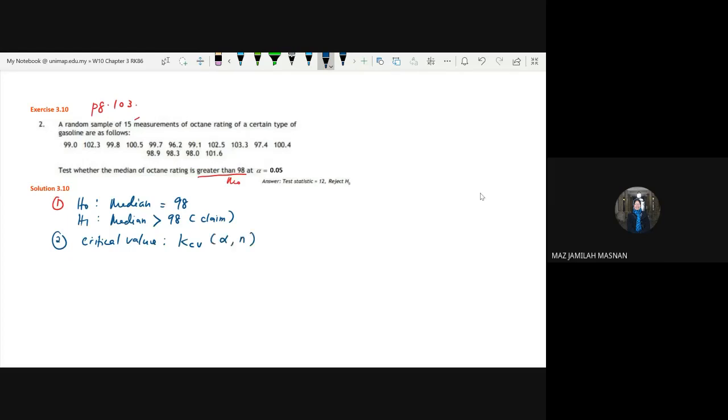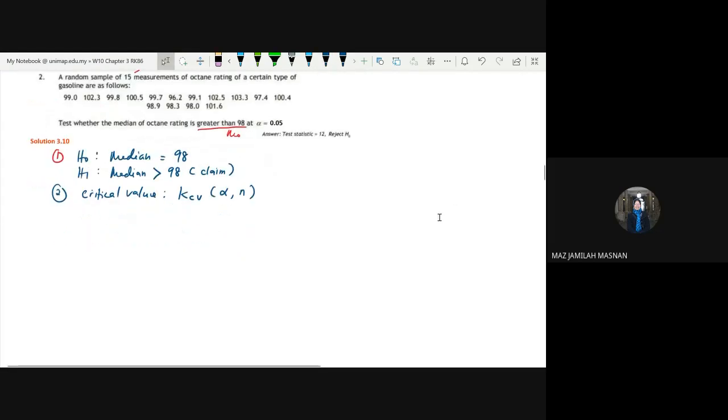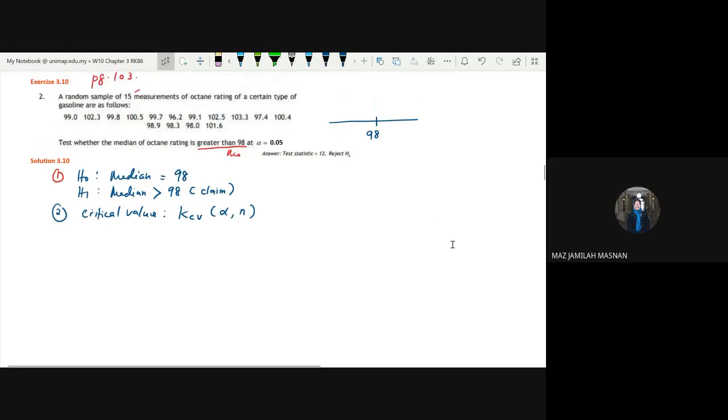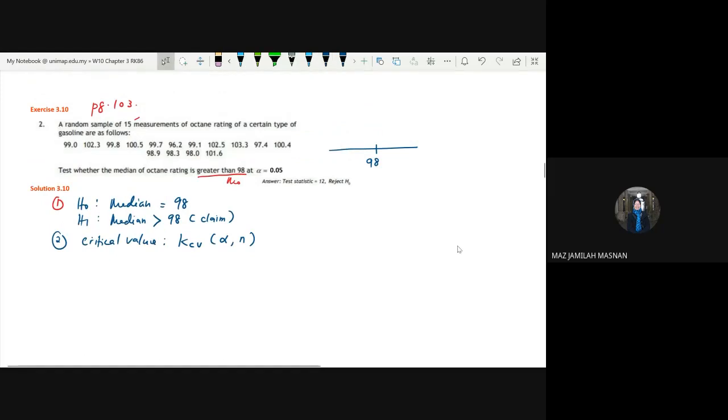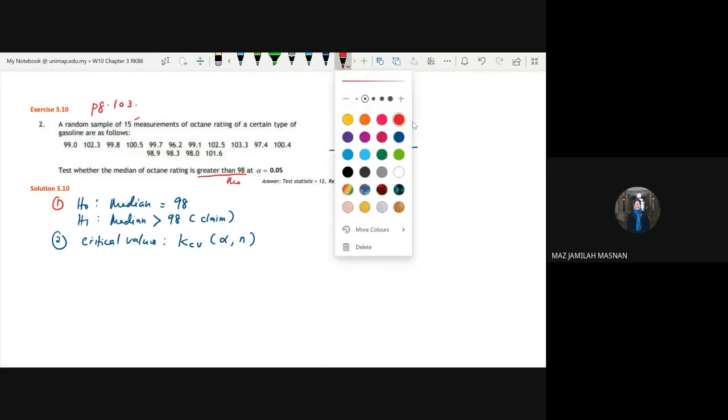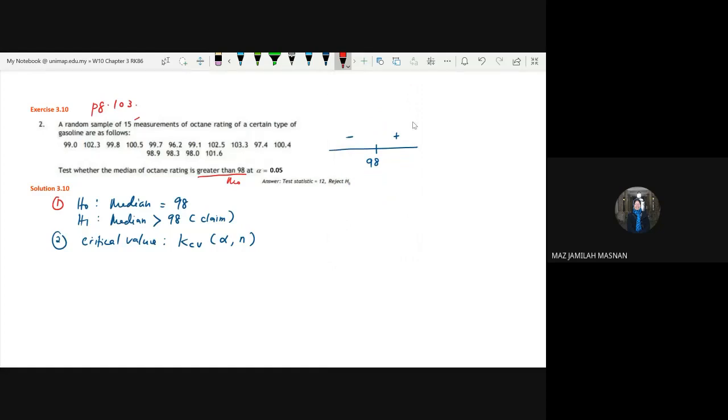And to get our n, we need to analyze our data using the hypothesized value. So we are talking about 98. This is the boundary between the value before and value after. Every data that is below the 98, you will get negative. Every value that is above 98, you will get positive. So for the first one, 99 and 98, it will be positive.